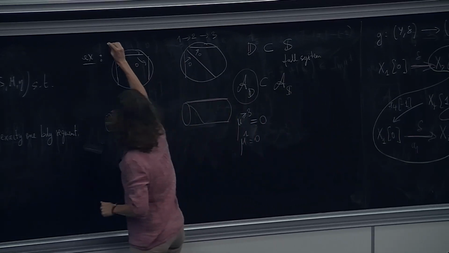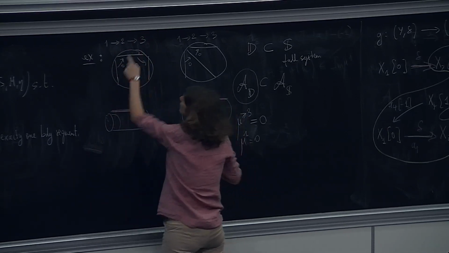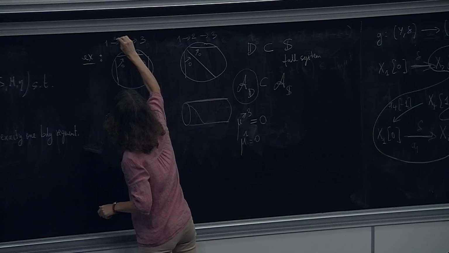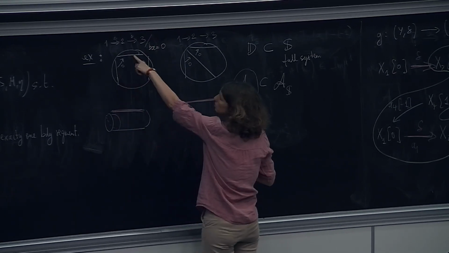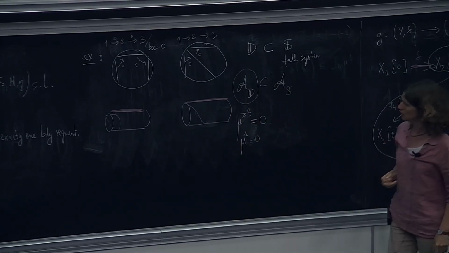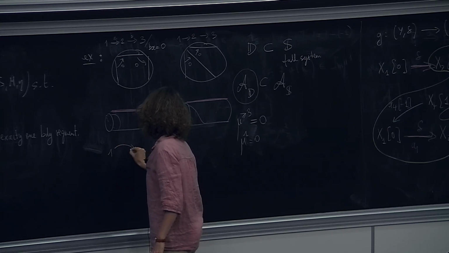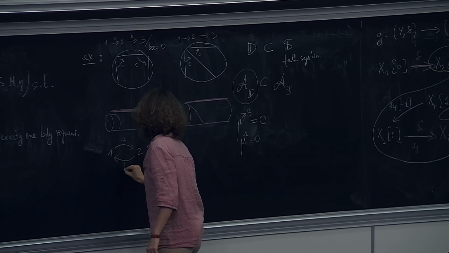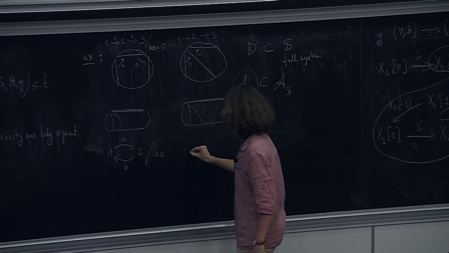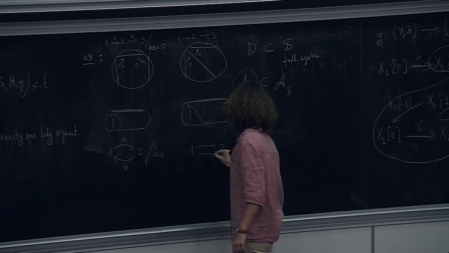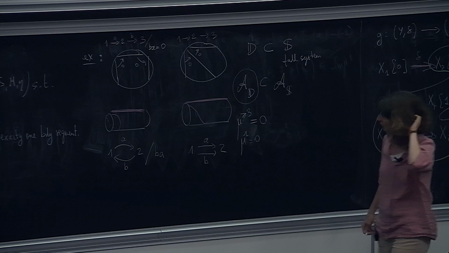In this situation, I would get the category given by this quiver, but here I ask BA to be 0 because the composition is supposed to be 0. Here I get this one. And here I get this one, with no relations.